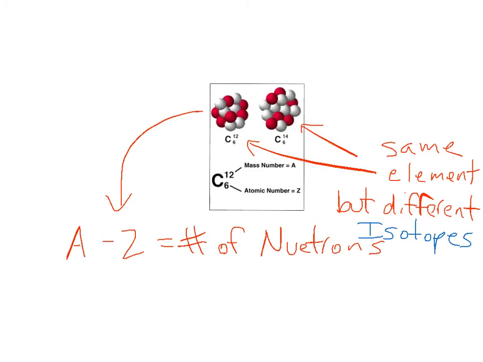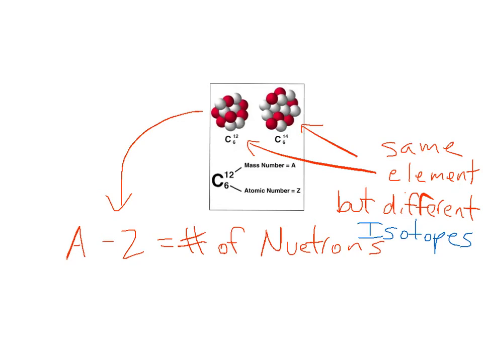I also want you to realize that the element is defined by the number of protons that it has, which is also the same thing as the atomic number. Okay, so these atomic numbers here on the bottom, those are the number of protons, and every carbon atom has 6 protons.